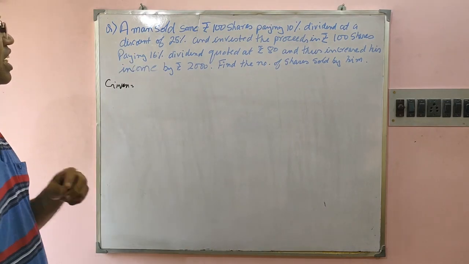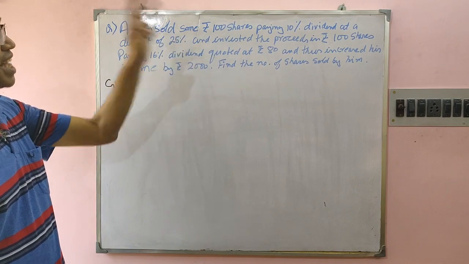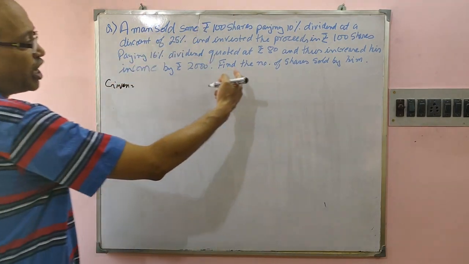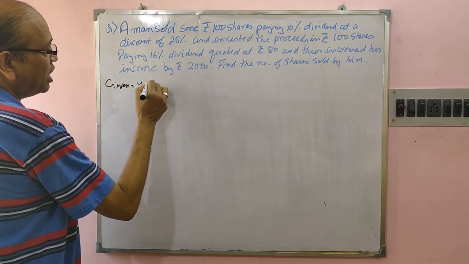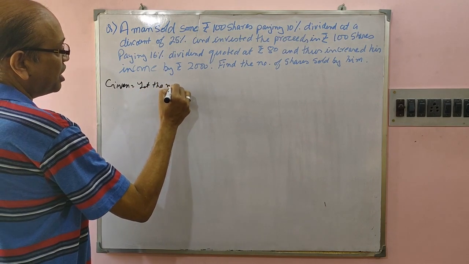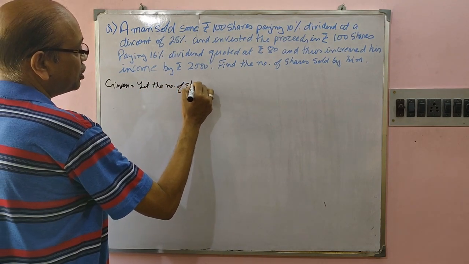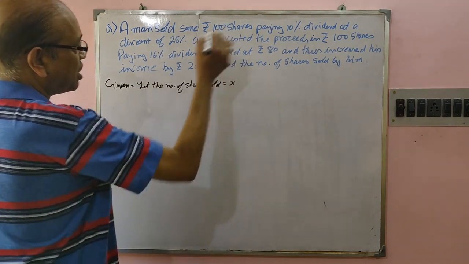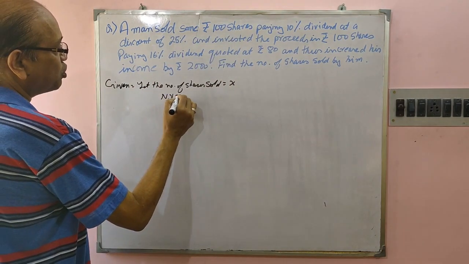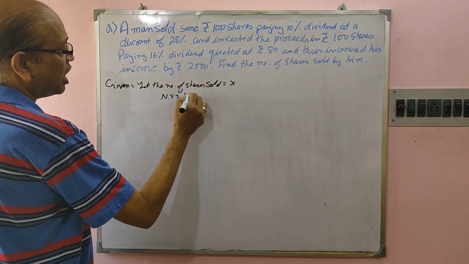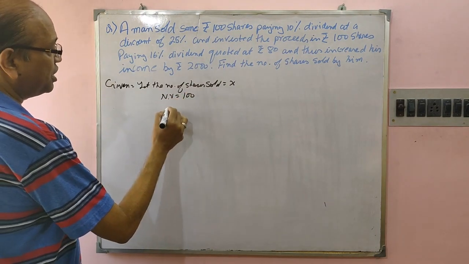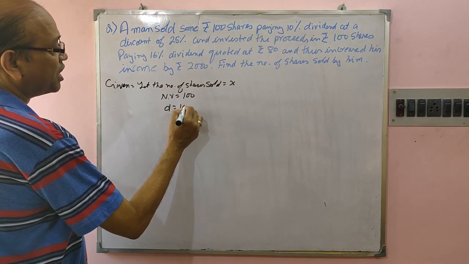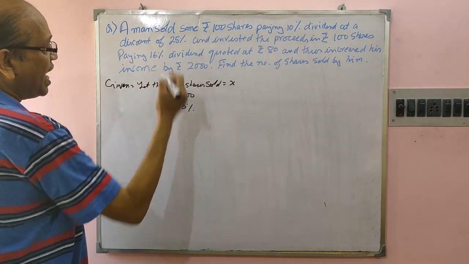Given a man sold some shares, let the number of shares sold be equal to X. Nominal value is rupees 100. D percent is 10%.